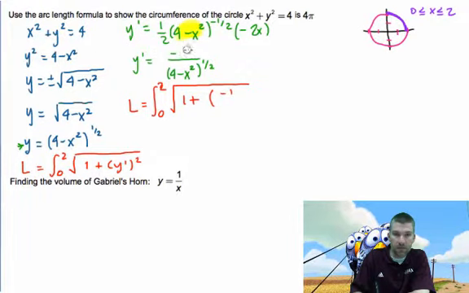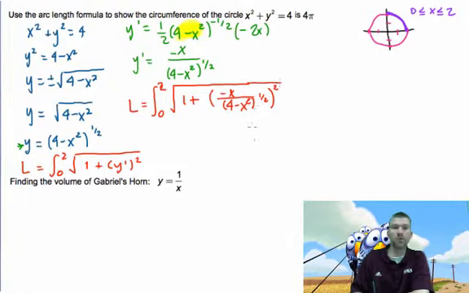This should be a negative x, not negative 1. So this would be negative x over 4 minus x squared to the 1/2, squared. Oof, that's really big.